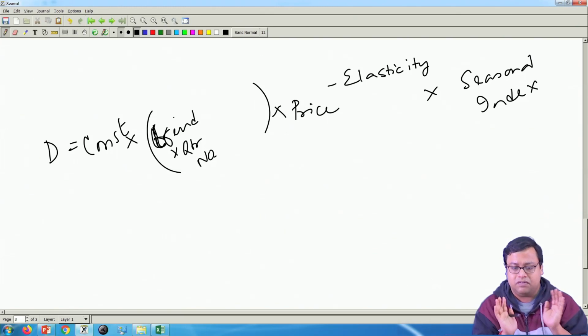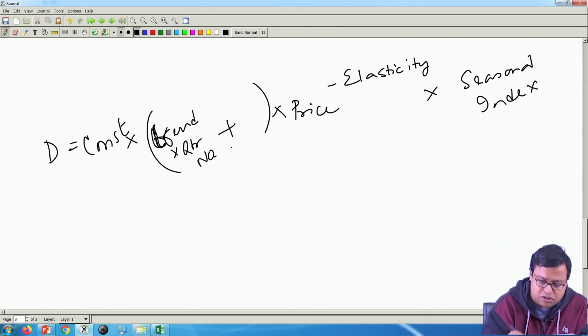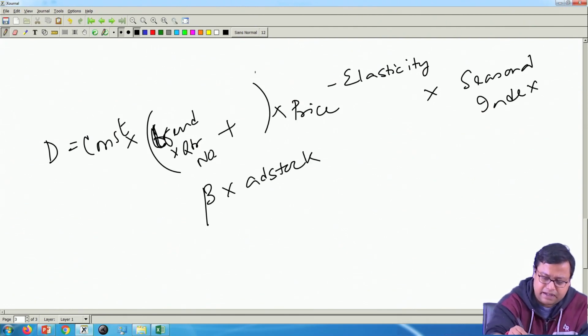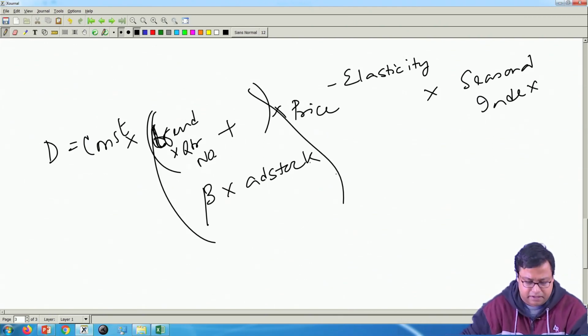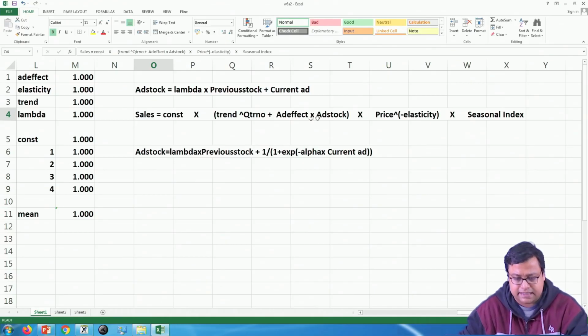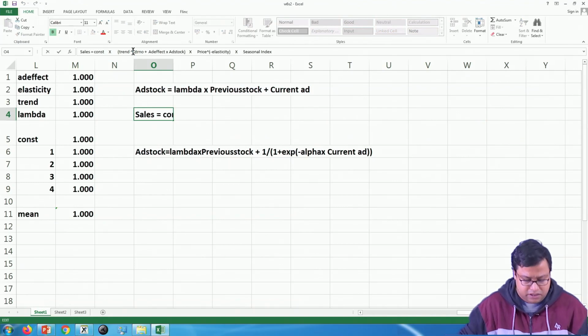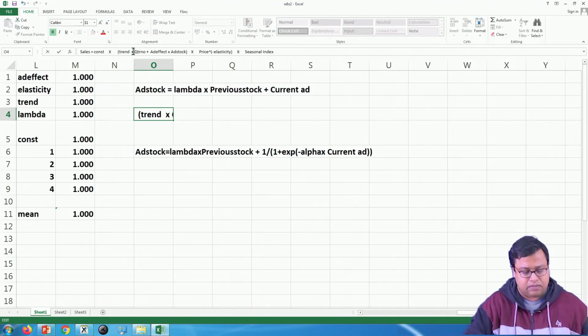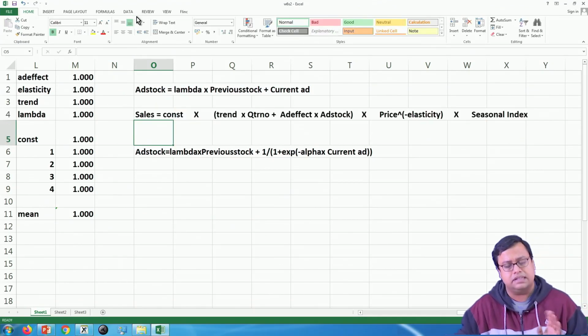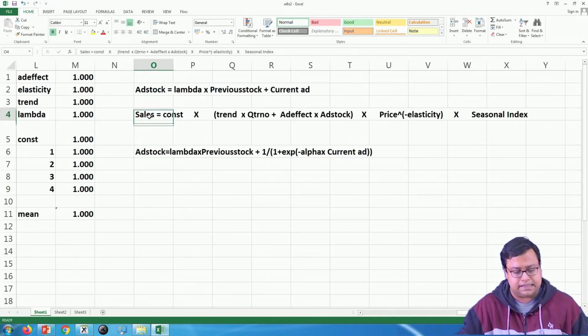That is some beta parameter into the ad stock, that is what will come here. This beta parameter into ad stock we are writing as ad effect into ad stock. So, I will change this part as quarter number into this thing. You can do multiplication. So, this is my overall sales.